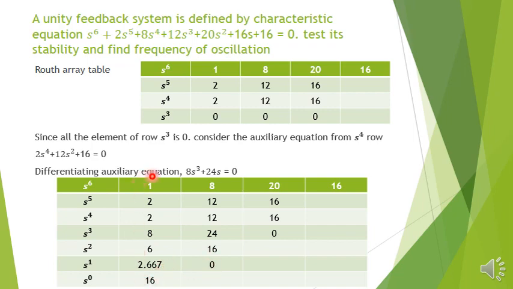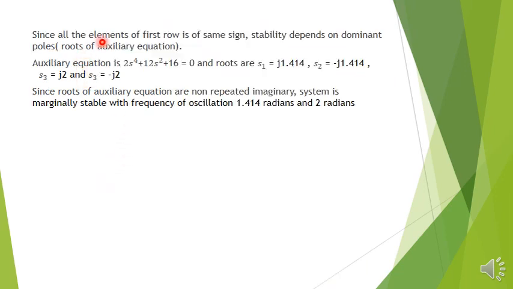So in this case all the elements of the first column are of the same sign. There are no sign changes in the first column. So in this case what we need to do? We have to find the roots of this auxiliary equation, then decide the stability. Since all the elements of the first column are of the same sign, stability depends on the dominant poles.